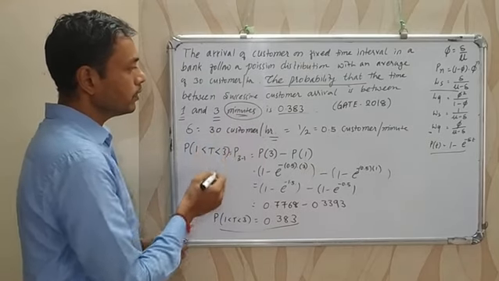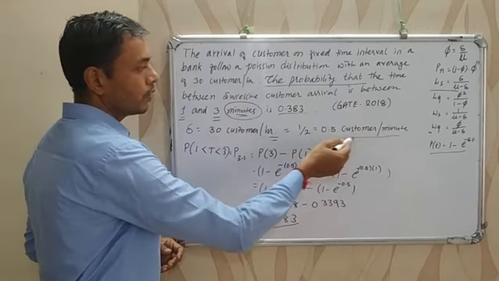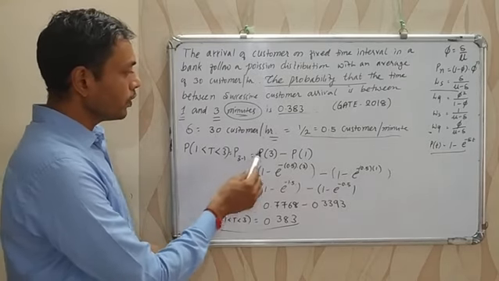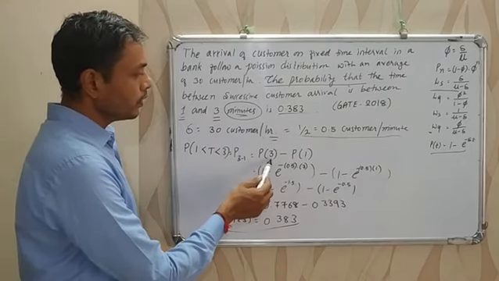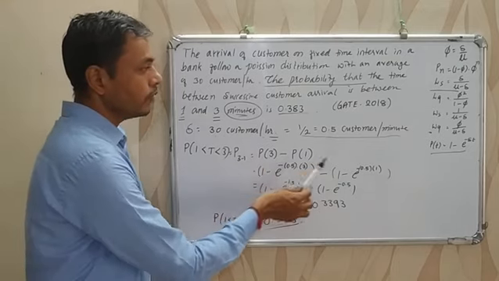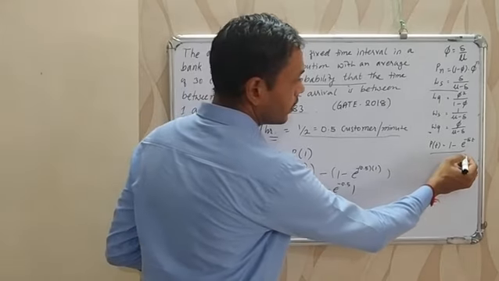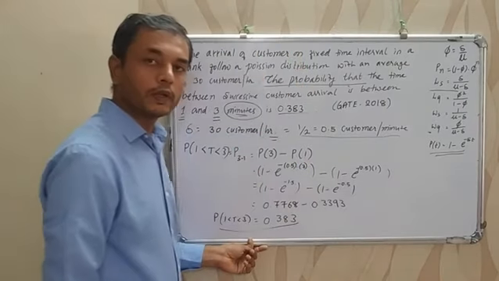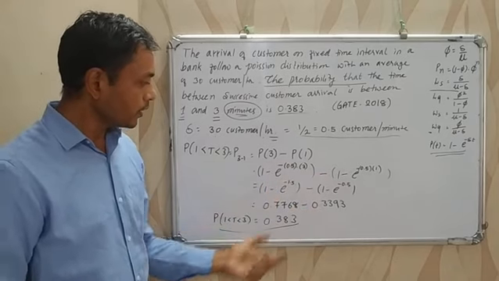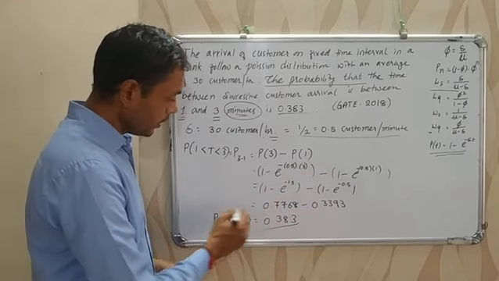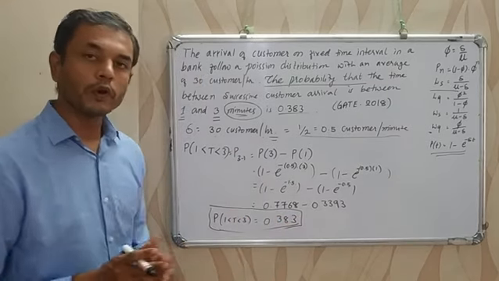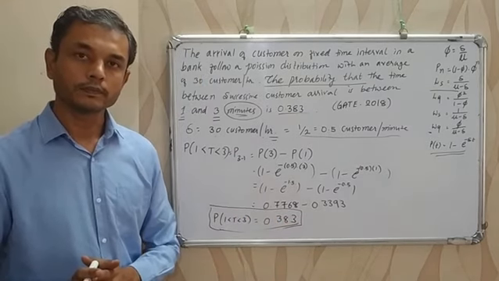The question was asked in minutes, so we have to convert the arrival rate into customers per minute. Then we calculate the probability at time 3 and at time 1, where probability of t is equal to 1 minus e raised to minus delta t. From that we calculated the example and got the answer: probability of 1 less than t less than 3 is equal to 0.383.